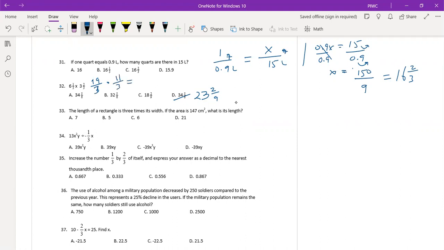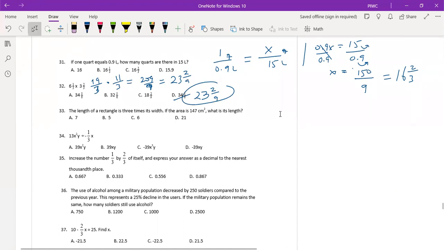If you multiply this out, you should get the answer: 209 divided by 9, and that should give us 23/9. So that'll be this.